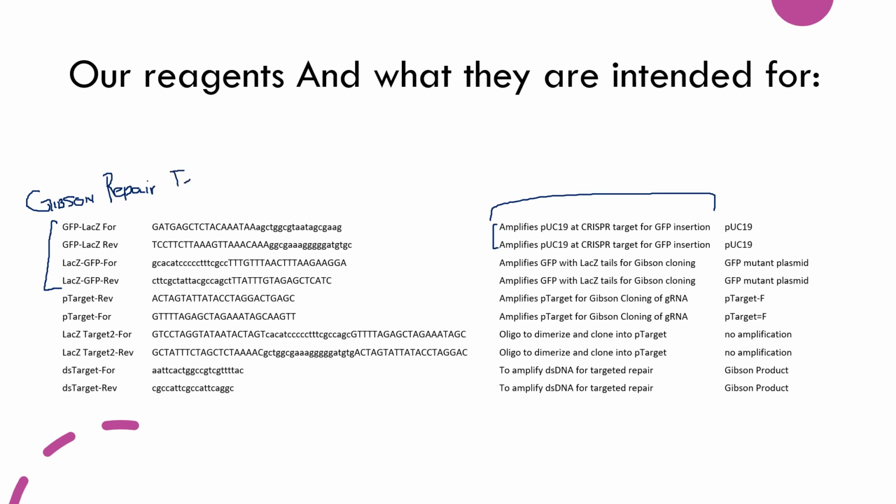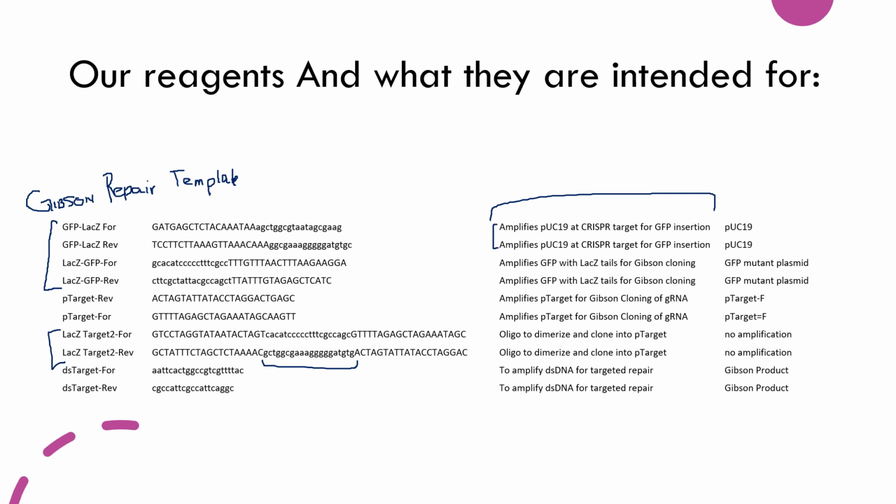Okay, but of course the repair template doesn't do any good unless we've cut. So where do we make our guide RNA template here? That is shown. The oligo we use for that is this very long oligo here. And these 20 nucleotides in the middle represent our target site in LAC-Z. And remember, I showed it a couple times like this.